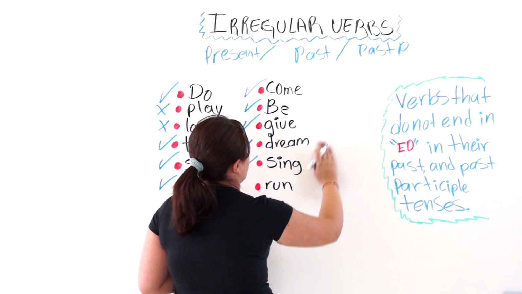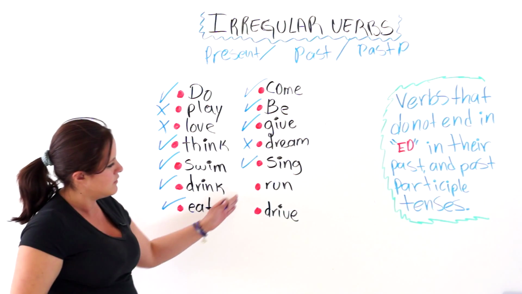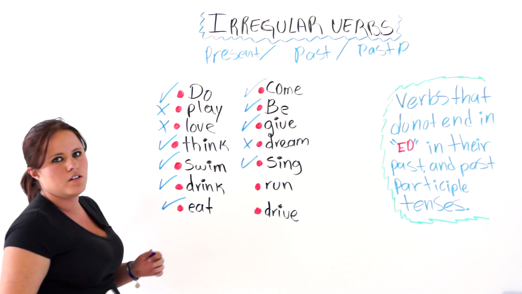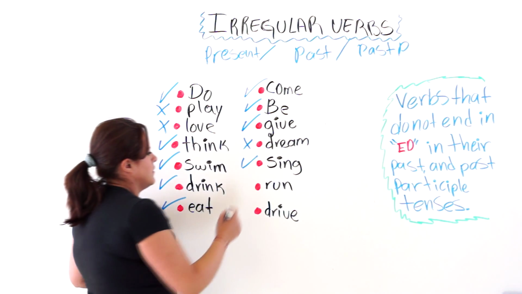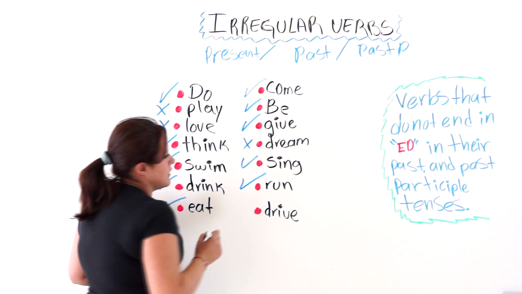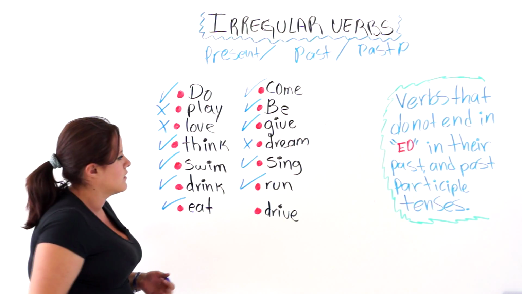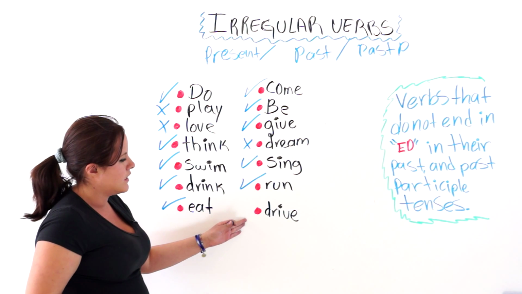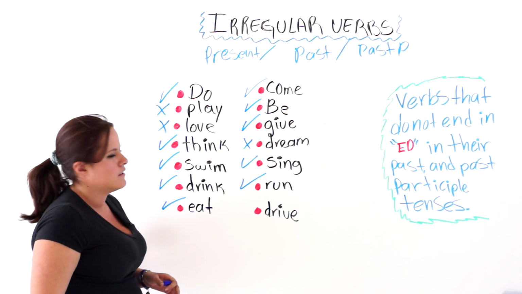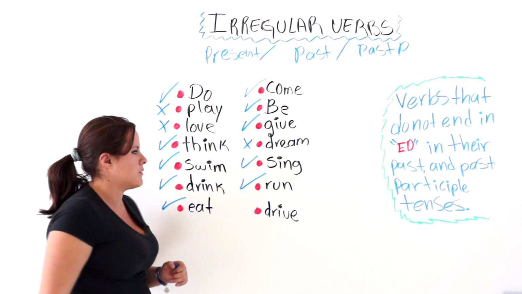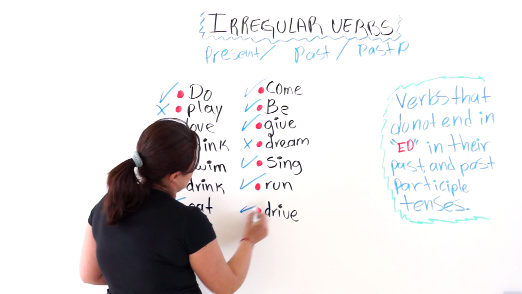Well, the next one says run. Ran is the simple past and run is the past participle. So it does not end in ed in either of the past or past participle tenses. So it is irregular. And drive, finally. Drove is the simple past and driven the past participle. So it is irregular also.